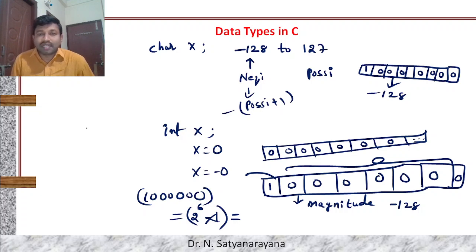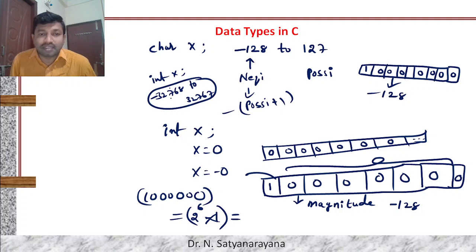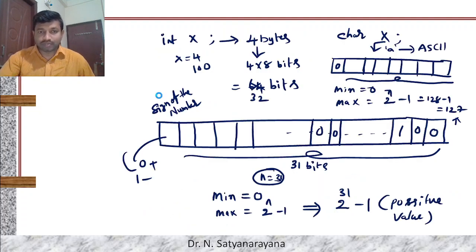That's why even on a 16-bit compiler, if you see in the textbooks for int x, the range is minus 32,768 to 32,767. This happens even with integers on a 16-bit compiler if for x 2 bytes of memory is allocated. And in fact, so that way the negative range will be one more than the positive range.